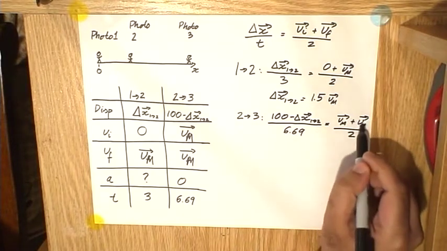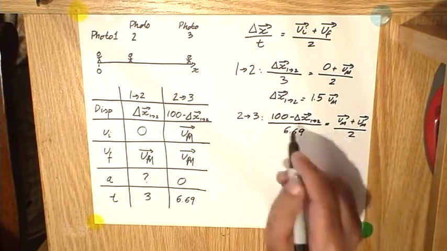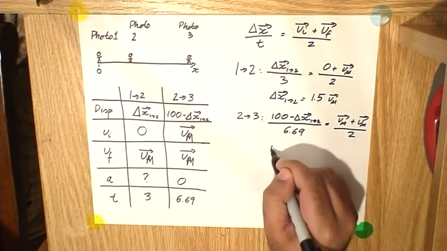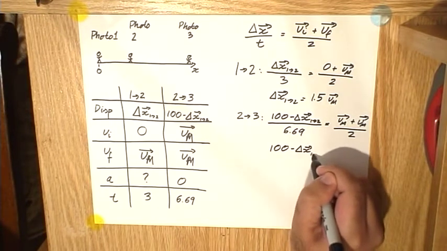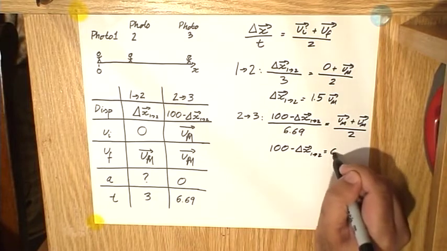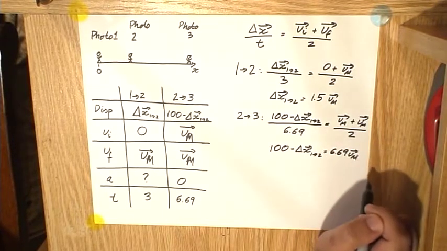So Vmax plus Vmax gives me 2 Vmax, but then dividing that by 2 will give me Vmax again. So multiplying both sides by 6.69, I simplify that to 100 minus delta x 1 to 2 is equal to 6.69 times Vmax.